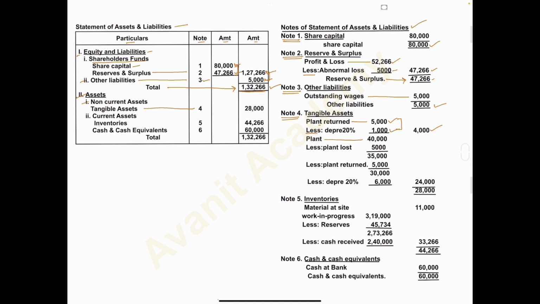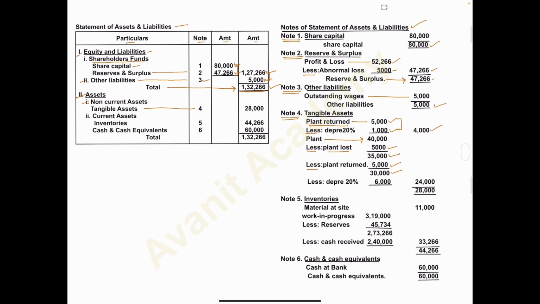Next, plant. The starting value of plant 40,000. From that, less plant lost, that is plant destroyed by accident, that is 5,000. From 40,000 minus 5,000, you will get 35,000. Less plant returned. Plant returned value is 5,000. Just we have calculated here. So from 35,000 minus 5,000, you will get 30,000.